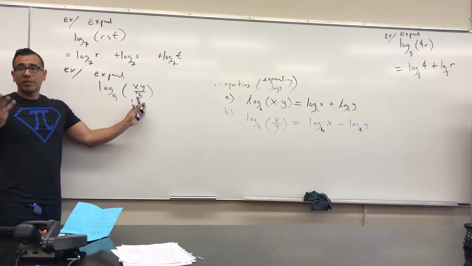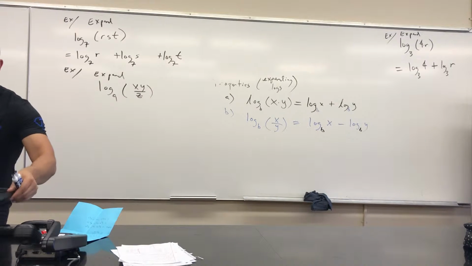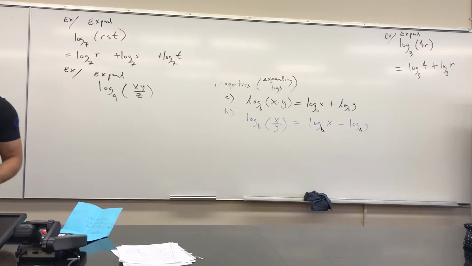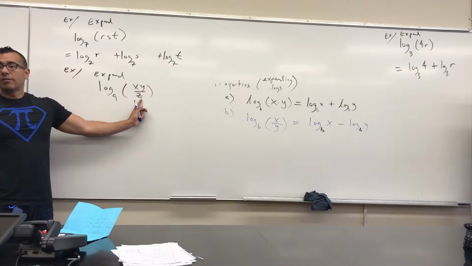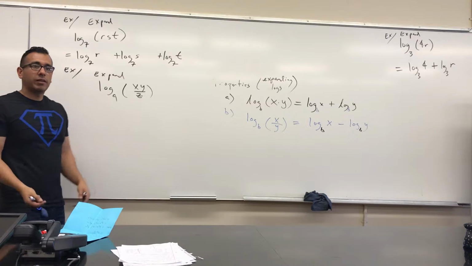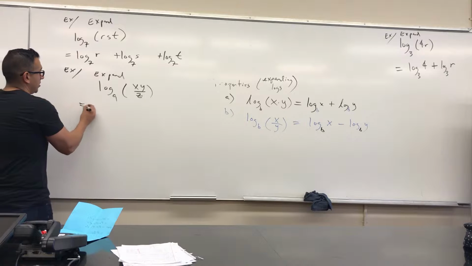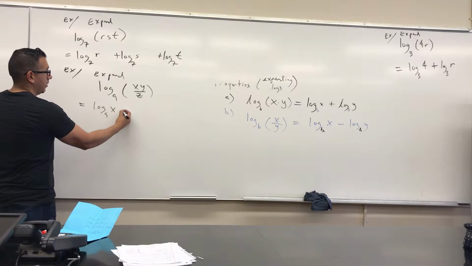So I can kind of just fast forward here, and the only one, when I separate all these into 3 arguments, right? When I separate them, which one of the logs is going to have the minus sign in front? The z, right? Because it's the only argument that's in the denominator. So this turns into log base 9 of x, and then what?